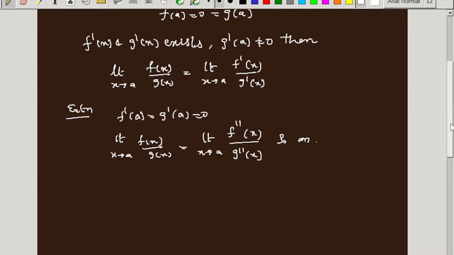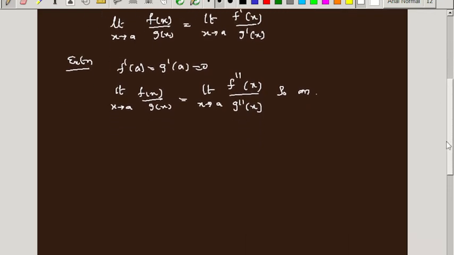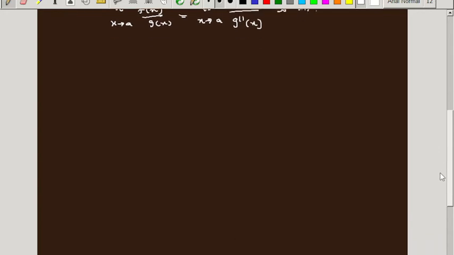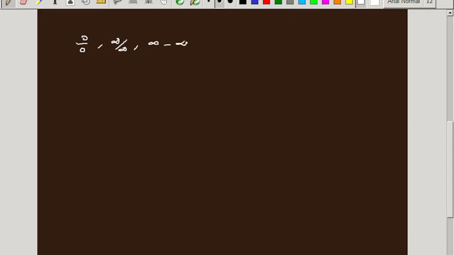So here, while doing the problem, we must observe that the given form may be in the form of infinity. Then we can apply this one. So sometimes we have 0 by 0, infinity by infinity, infinity minus infinity.